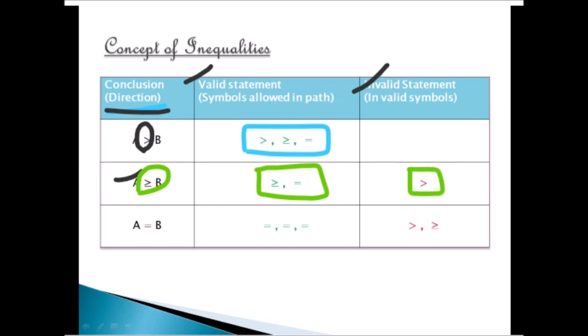Greater than or less than sign is not valid. And in the third one, this is from A to B or from B to A, so in our statement only equals to is allowed. Less than, greater than, less than or equal to, greater than or equal to, these are not allowed in our path.